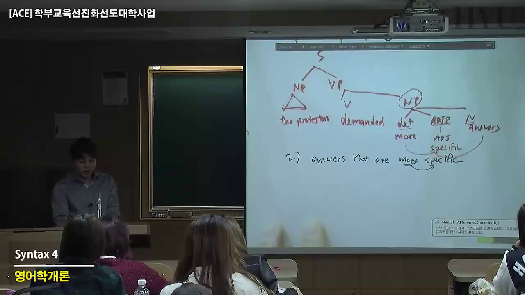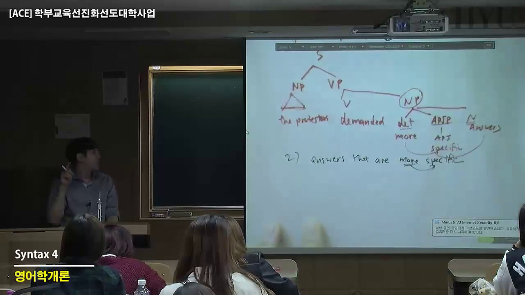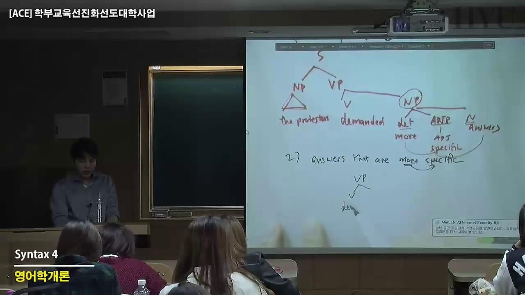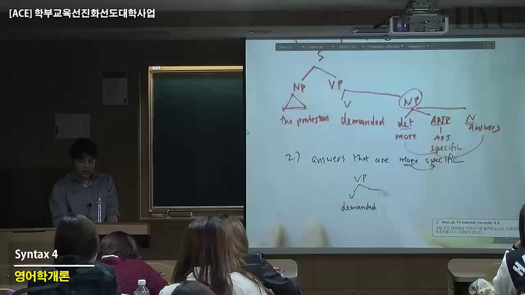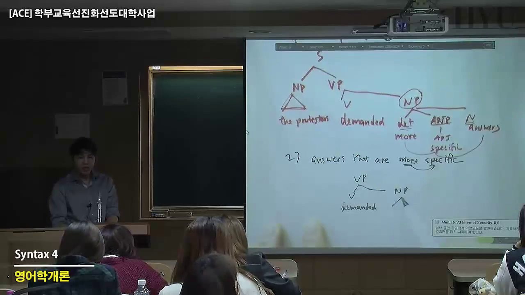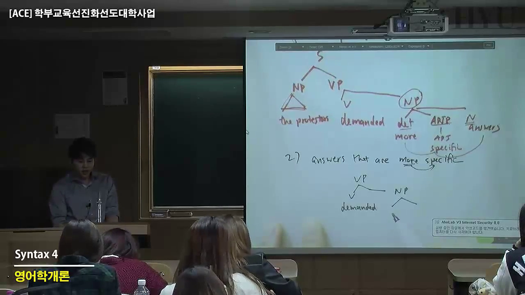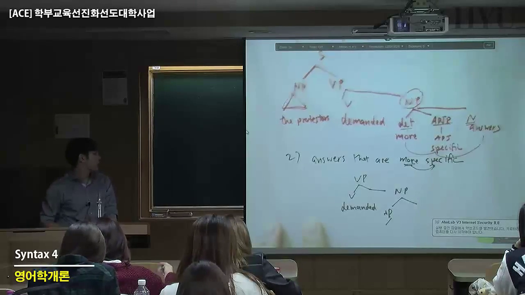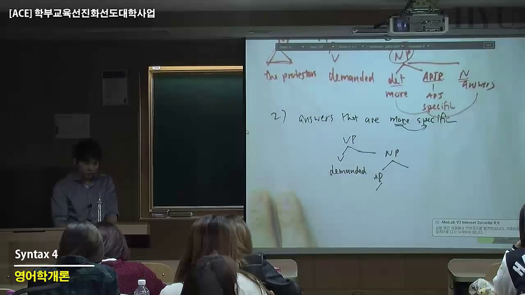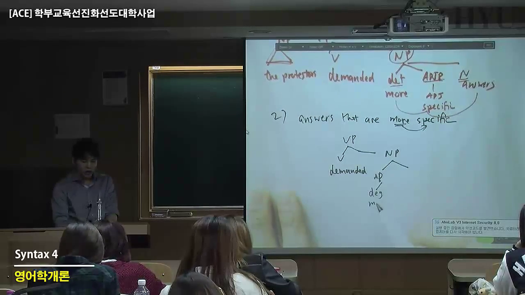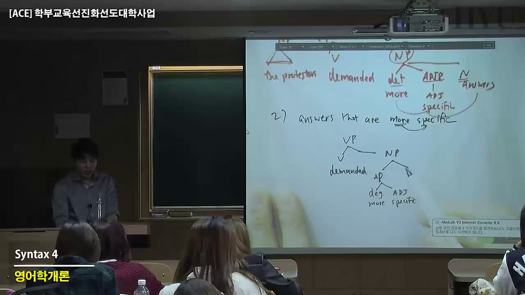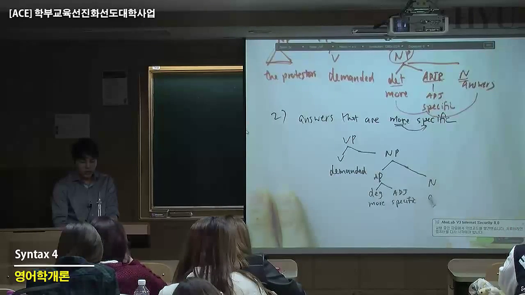Right? So in this case, everything is the same, so I'll just write out the VP. So the VP would go to the V, demanded, and then the NP will consist of two things. We'll have an adjective phrase, AP, which consists of a degree word, which is more, and then the adjective itself, specific, and then the N, which is answers.